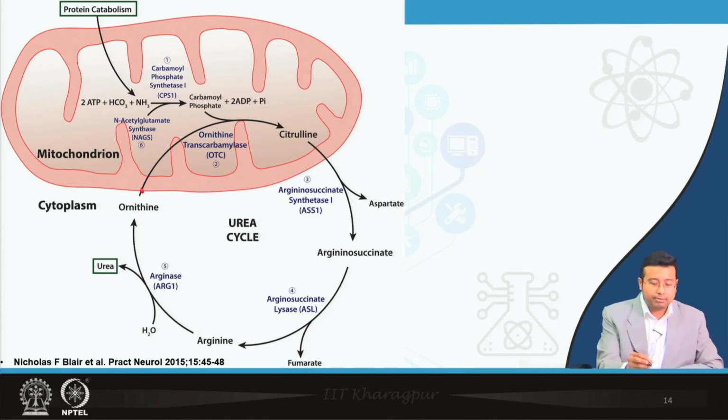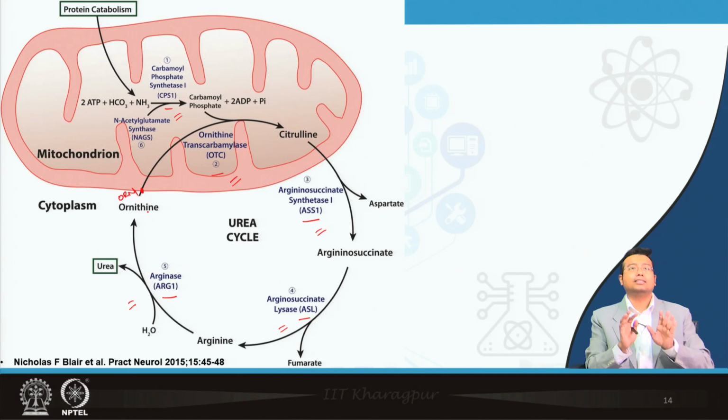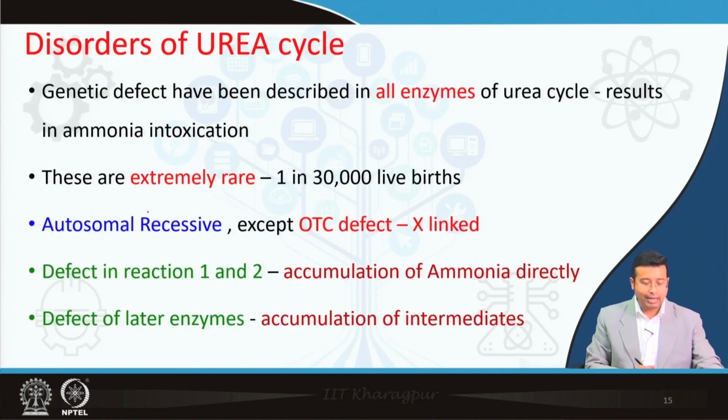The enzymes are carbamyl phosphate synthetase 1, ornithine transcarbamylase, arginosuccinate synthetase, arginosuccinate lyase and arginase, and these are the gene names coding for them. The ornithine transporter is ORN1, okay. These are the genes that code for these enzymes, and everything is very important.